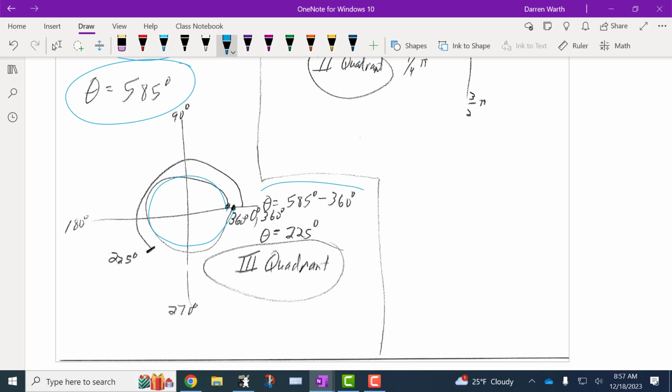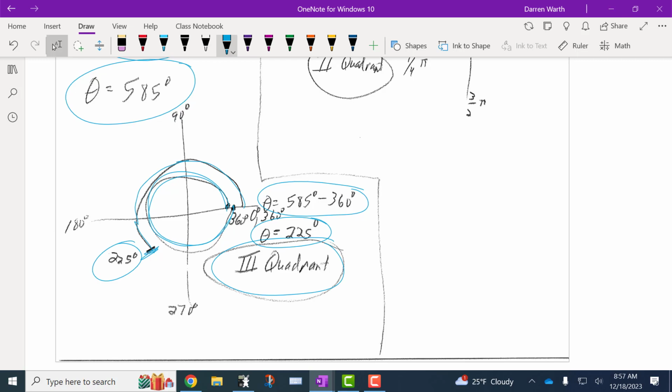So I took 585 minus 360, and when we go around, we end up right back there again. So that leaves us with 225. Now rotating 225, there's 90, 180, 225. That's going to put you in the third quadrant.